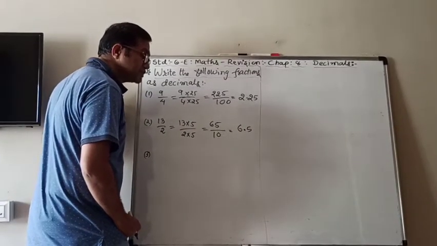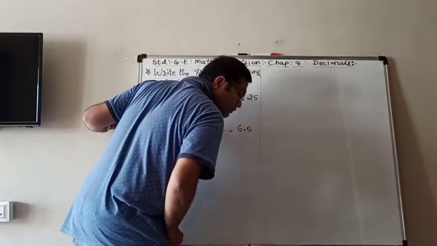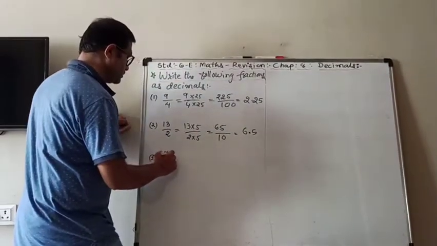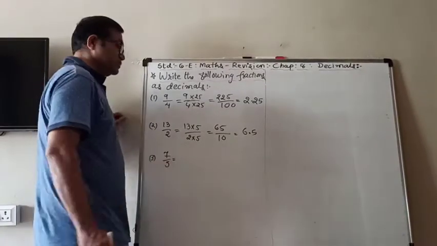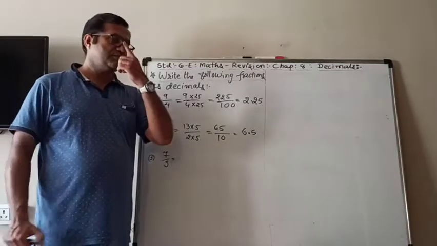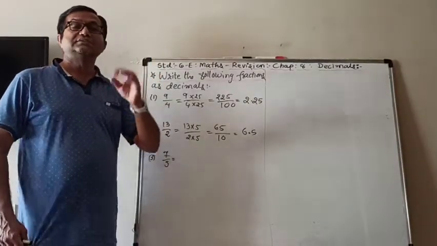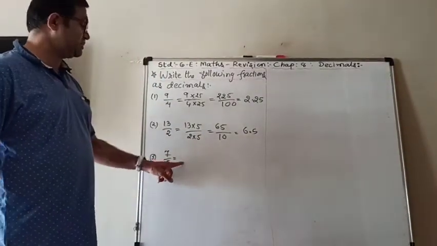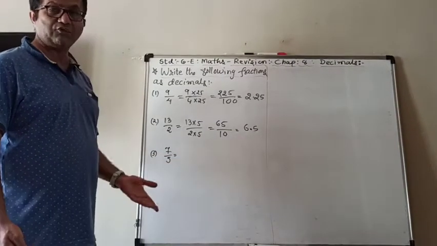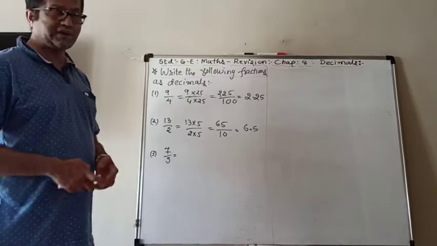Third one, 7 upon 5. Now 5 is in the denominator. So we have to find the equivalent fraction such that there can be 10 or 100. Here you can see that 5 2s are 10, very near.